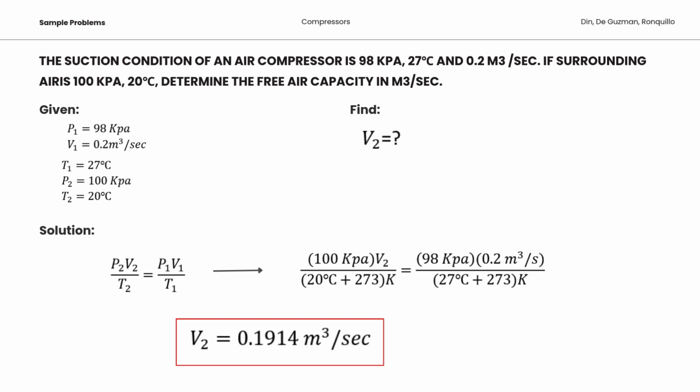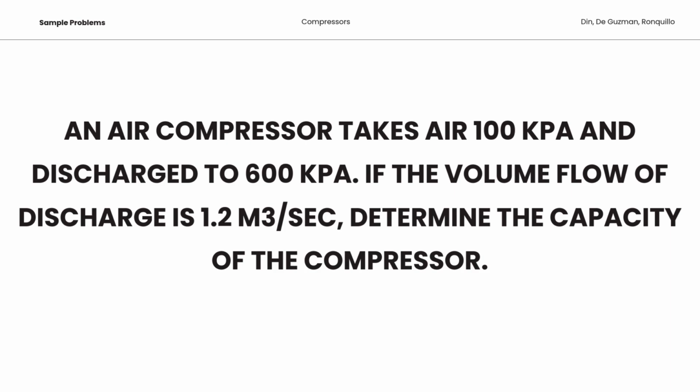And then is equals to P1 of 98 kilopascal and V1 of 0.2 cubic meter per second over T1 na 27 degrees Celsius plus 273 Kelvin. And then magiging Kelvin yun. So pag kinompute mo siya sa calcu, ang lalabas na V2 is 0.1914 cubic meter per second. So, iyon yung free air capacity nitong sample problem. Okay, next.